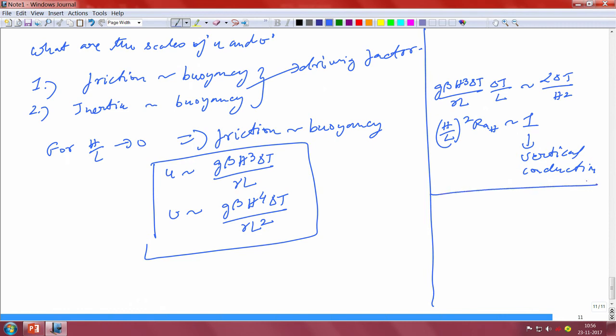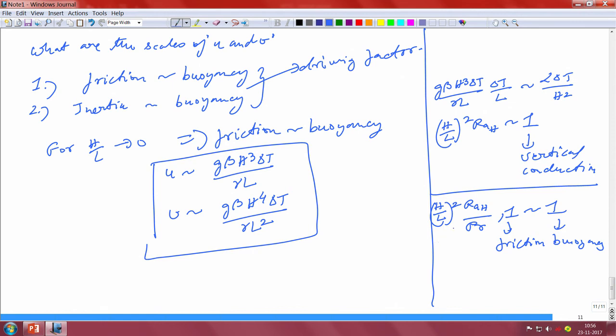Similarly, from the momentum counterpart, what we are going to get is (h by L) square Ra_H by the Prandtl number scaling as 1 on the other side. So, this is your friction, and this is your buoyancy.